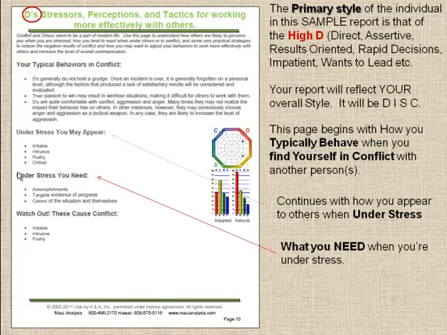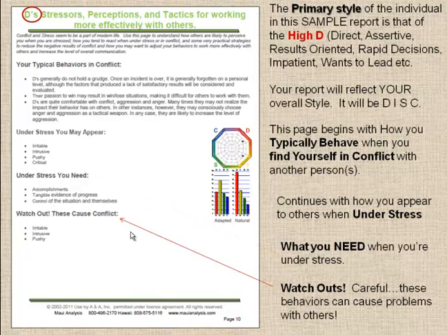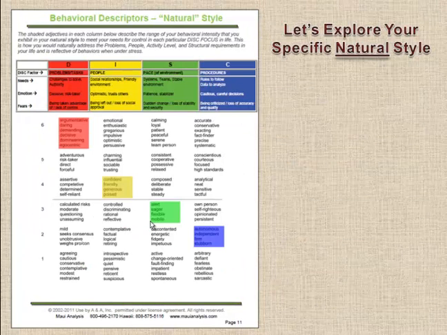Also, when you're under stress, it will show you what you need in order to relieve that stress. And finally, it shows you your watch-outs, meaning you need to be careful because these behaviors that are listed for you can cause conflict with other people. So you see, time after time, we're giving you piece after piece of this puzzle so that you will understand your natural behavioral style and how you can use it to your best advantage.